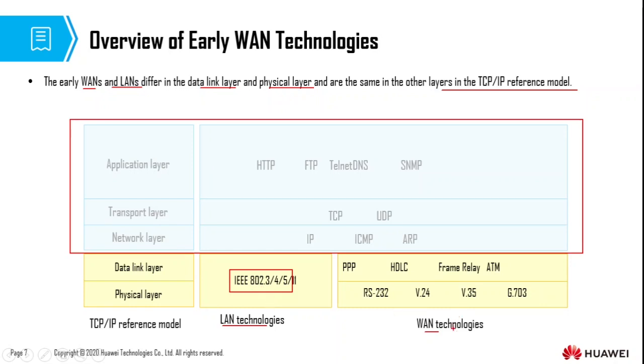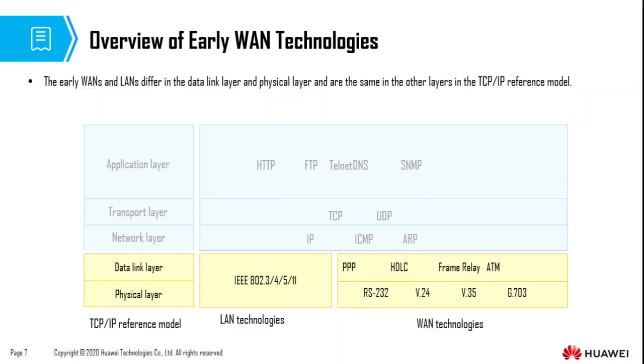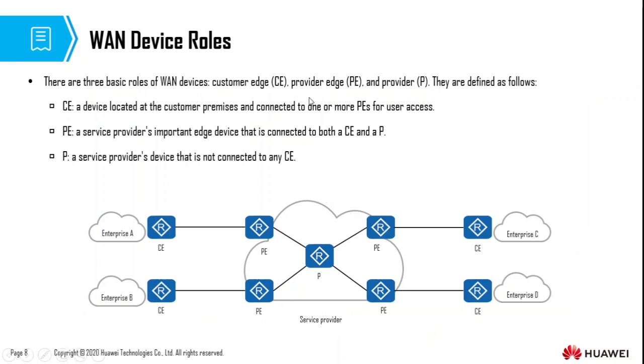On the other hand, for WAN technologies, we can use protocols such as PPP, HDLC, frame relay, ATM, and normally with WAN technologies we use serial cables like RS-232 or V.24 or V.35 or G.703. So these are serial interfaces. We use serial interfaces to interconnect WANs.